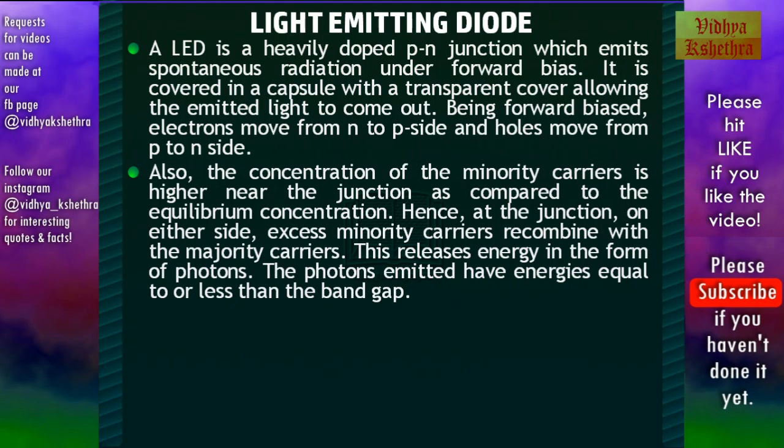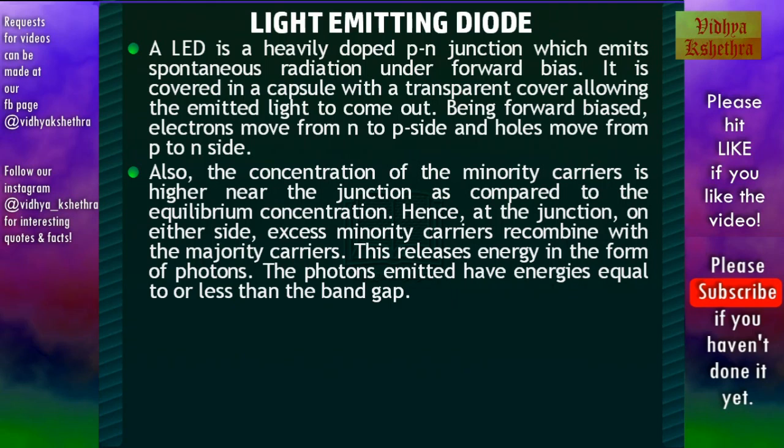Also, the concentration of the minority carriers is higher near the junction as compared to the equilibrium concentration. Hence, at the junction, on either side, excess minority carriers recombine with the majority carriers. This releases energy in the form of photons.